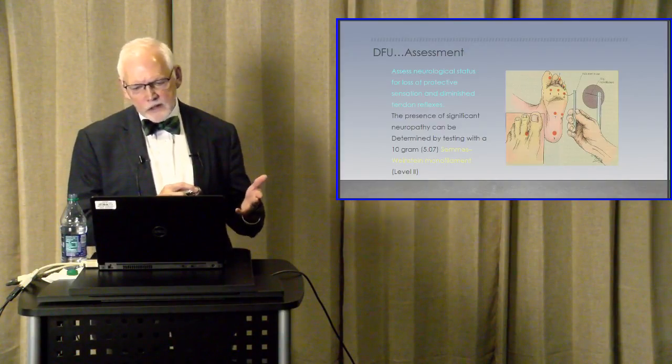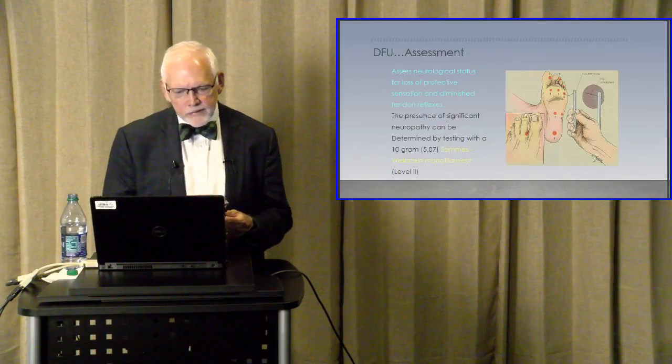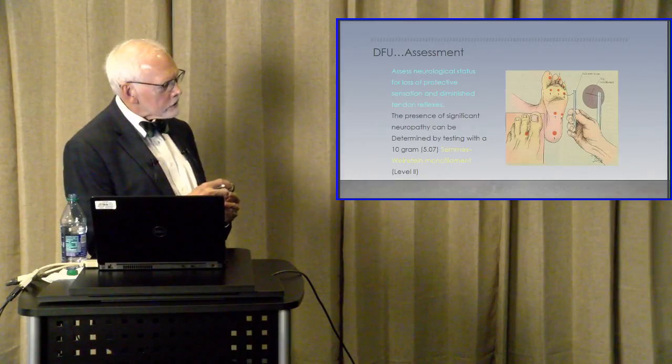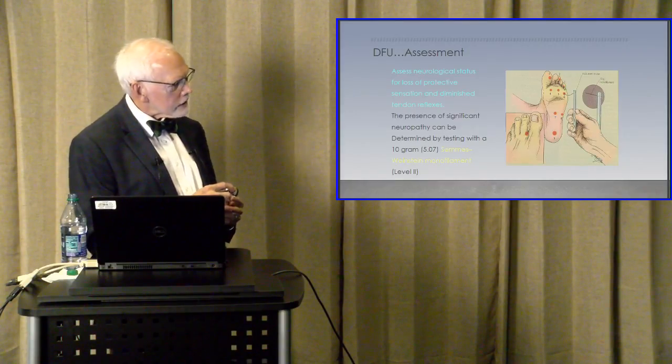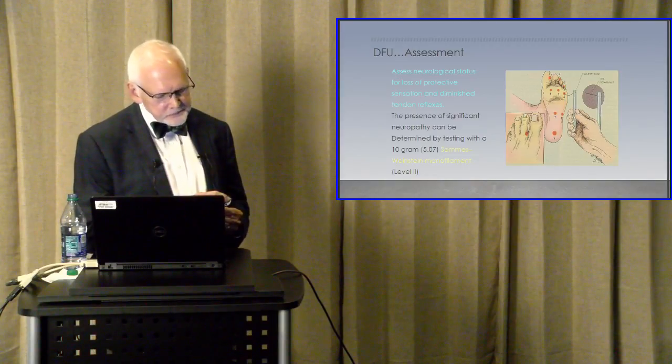What you tell them is, close your eyes, I'm going to touch your foot, tell me when you feel something. And if they say something when you're not touching, or you touch and they don't say anything, then you know you've got problems.